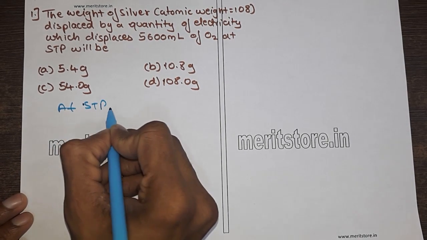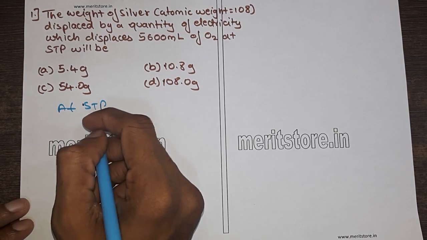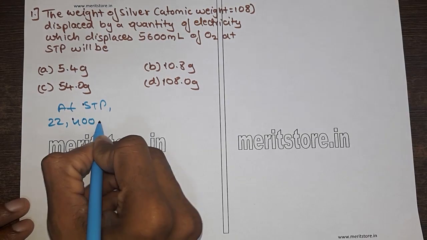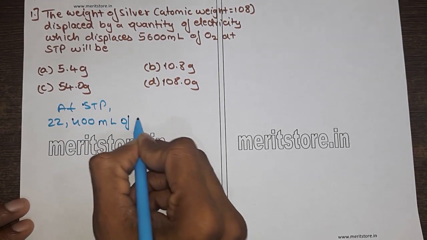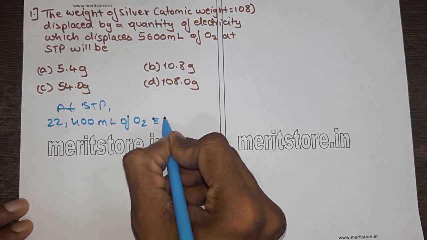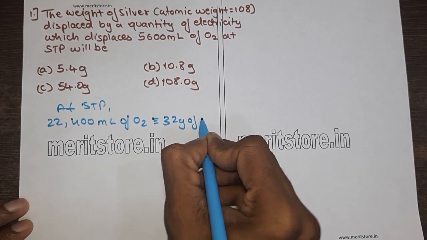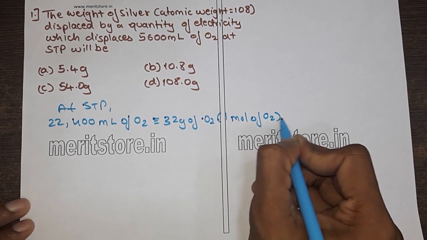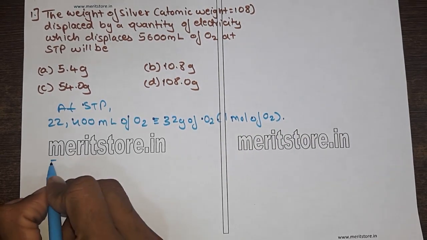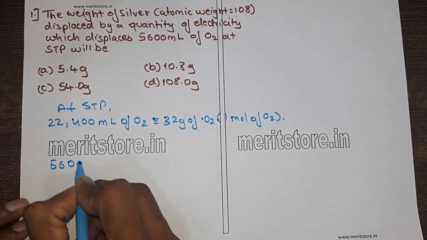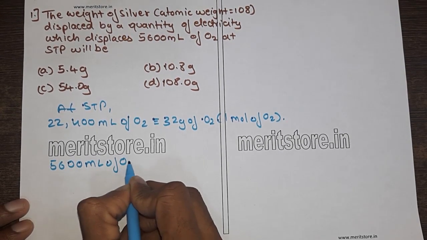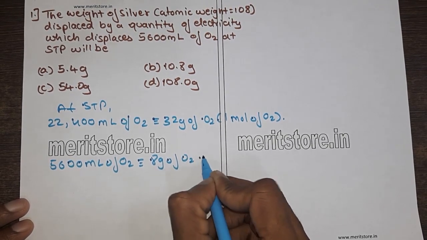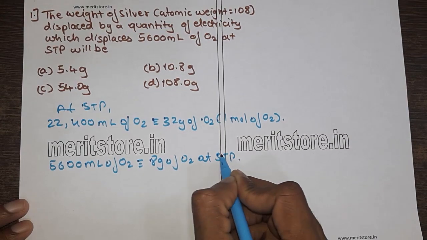At STP, 22,400 ml of O2 is equivalent to 32 gram of O2, that is 1 mole of oxygen. 5600 ml of O2 will be equivalent to 8 gram of O2 at STP.